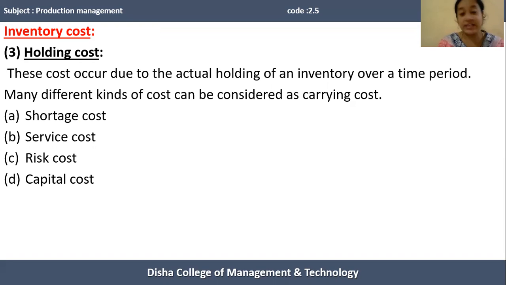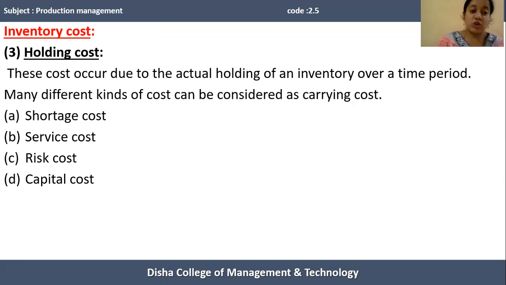For making an insurance, the firm is required to pay certain amount to the insurance company, so that the goods may be protected from any hazardous condition. So for getting any service, or getting the compensation in case of any accidents, whatever the cost the organization incurs, that comes under the service cost.